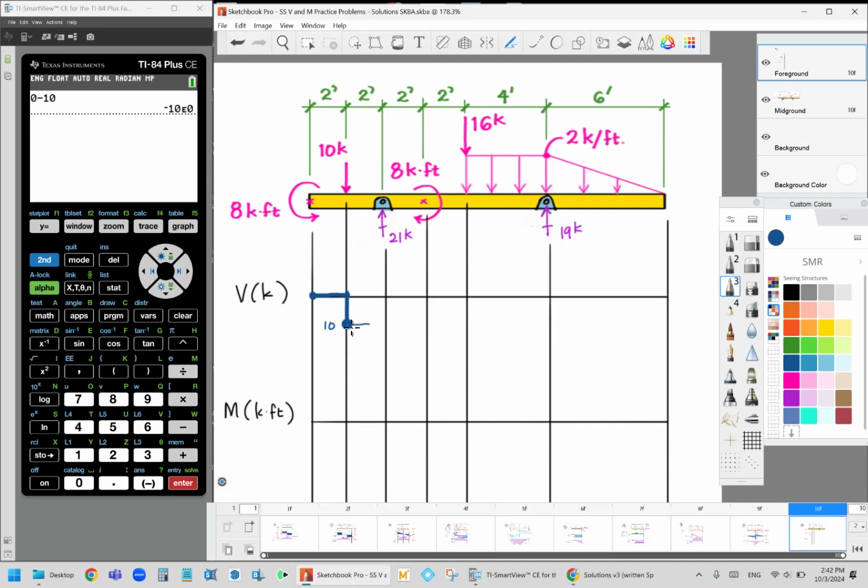And nothing happens. Then I add 21. Nothing happens. Remember, I ignore the moments while I'm doing my shear diagram. Now I drop by 16. Now I drop by 2 times 4 equals 8.